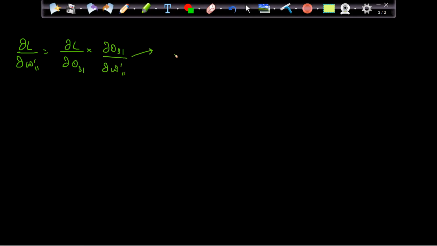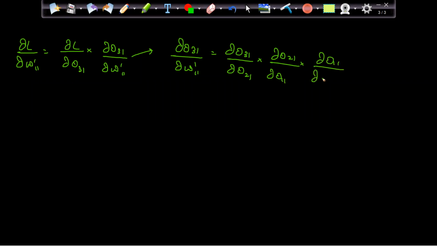Now this I will replace with ∂O31/∂W111 = ∂O31/∂O21 multiplied by ∂O21/∂O11 multiplied by ∂O11/∂W111 plus ∂O31/∂O22 multiplied by ∂O22/∂O11 multiplied by ∂O11/∂W111. Right? This is what we have.